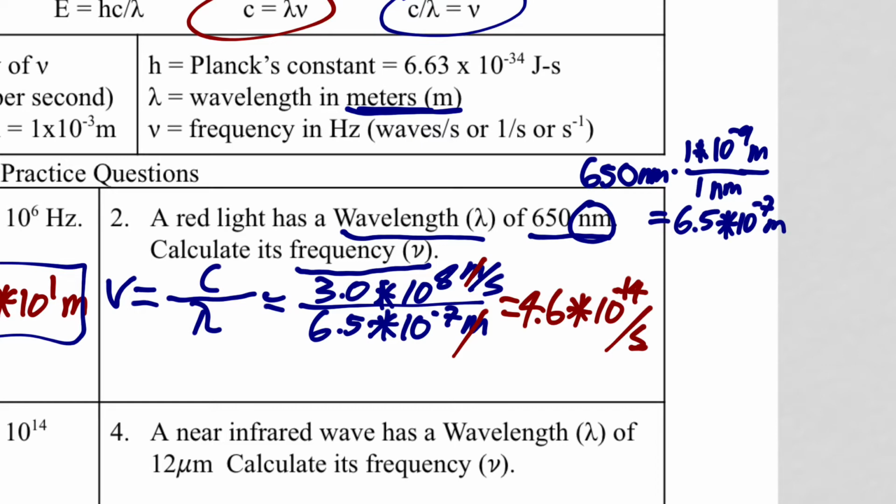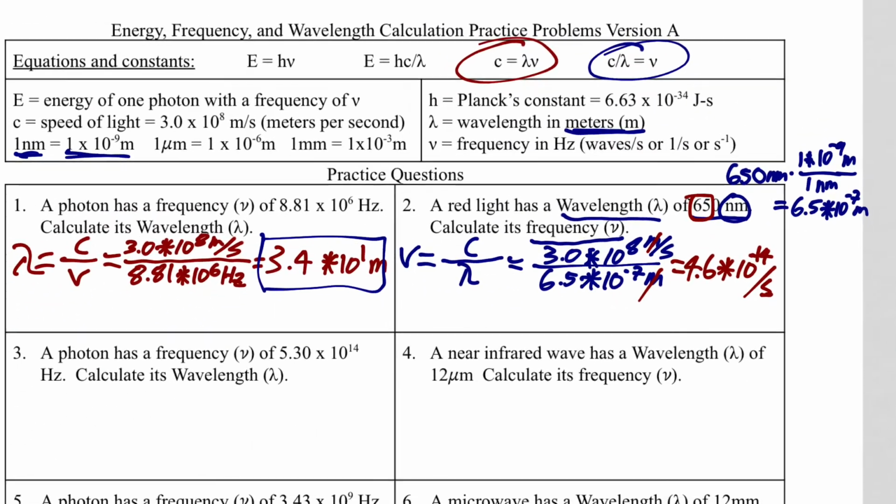How you get that is you want to make sure you have the correct number of significant figures, which is 2: two significant digits in the speed of light, as well as two significant digits here. Therefore you should round it to 4.6, even though you get 4.615384615.